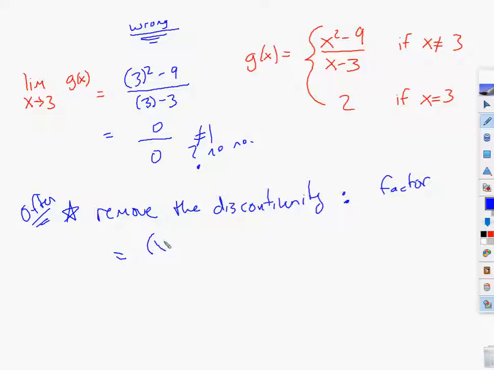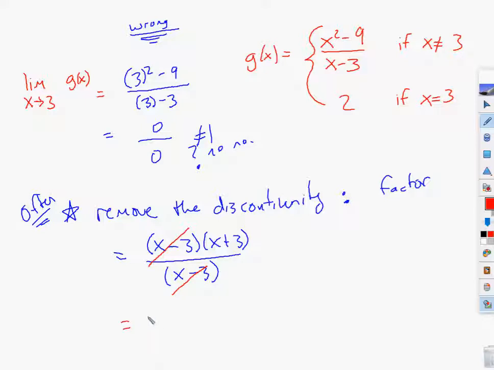So if I factor that numerator, I get this. And if I just leave that denominator alone, so I factor the numerator, I leave the denominator alone, look what happens. Those cancel. I've removed the discontinuity by canceling.